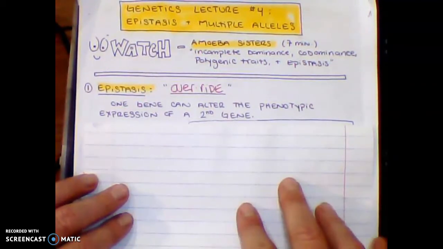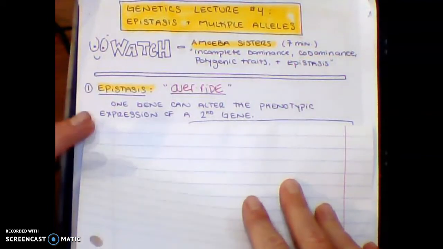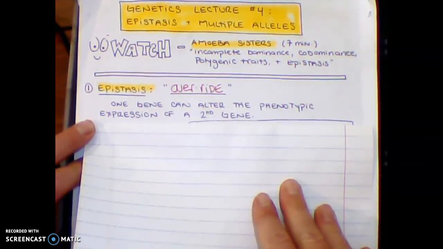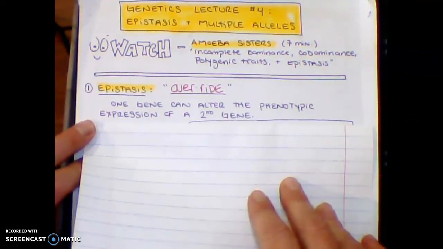So you're inheriting one gene that says, for example, you have normal pigmentation in your skin, and then you get a second gene that says, nope, you're not going to have normal pigmentation, and then suddenly you're an albino.